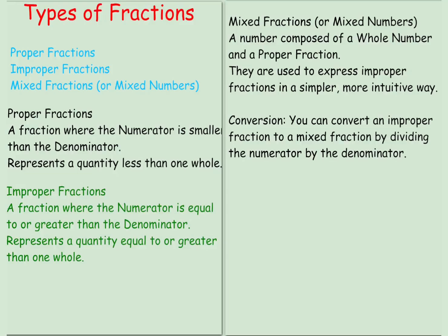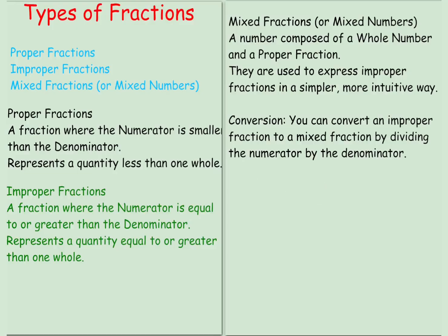For instance, 1 whole number and 3/4 is an example of a mixed fraction. So far as there's a whole number and a proper fraction, then it becomes a mixed fraction. You need to know how to convert an improper fraction to a mixed fraction. So how do we do that?